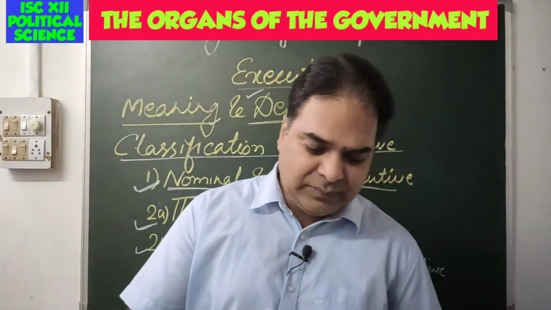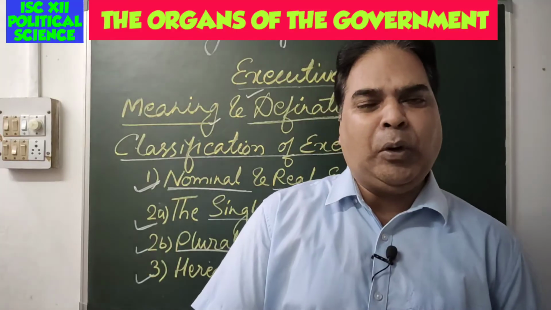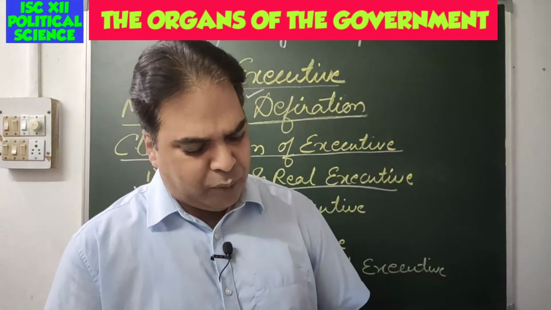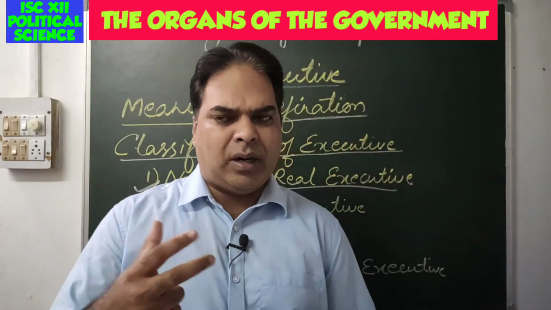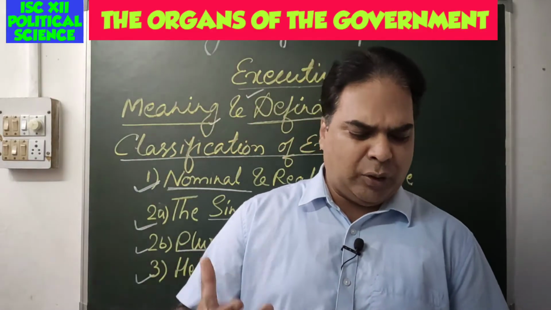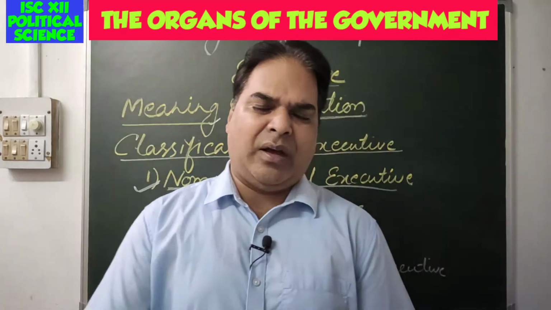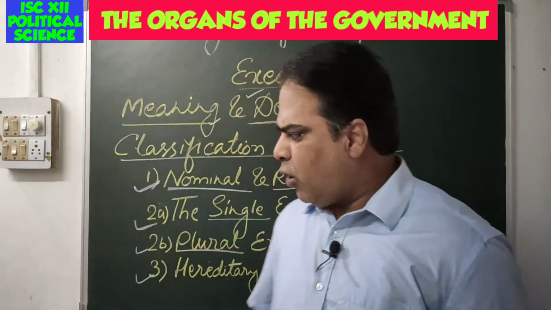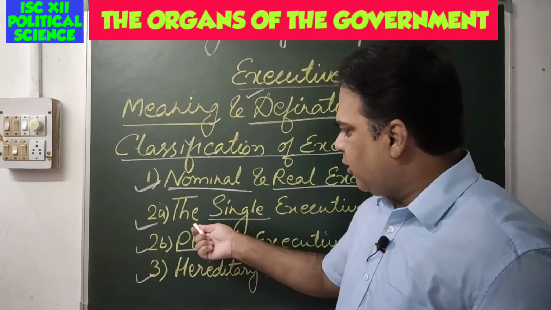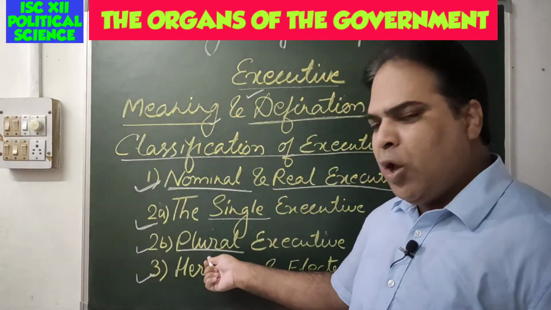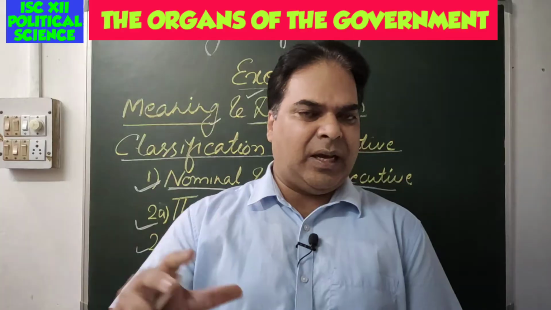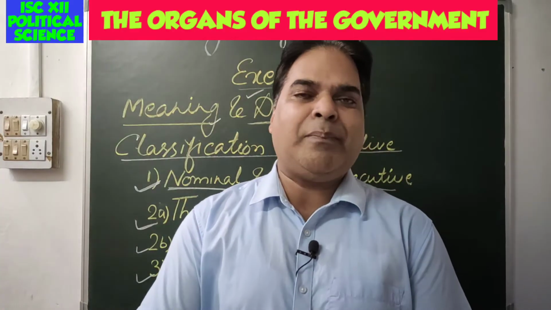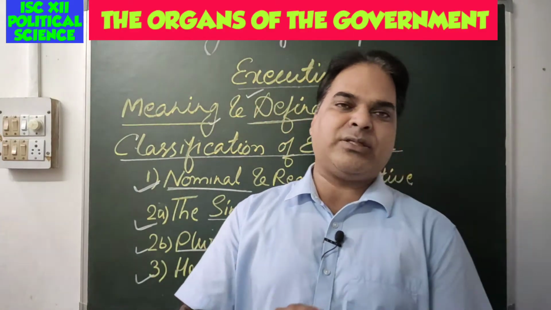Okay, now the next one we have is plural executive. Plural means more than one. When there are two or more people together, or a number of people in one group, that can be called a plural executive. So the opposite of single executive is the plural executive. In a plural system, my dear, the real power is vested in the hands of equals.